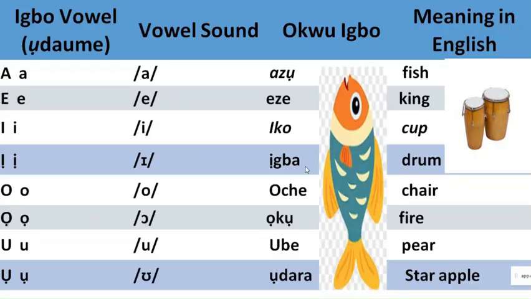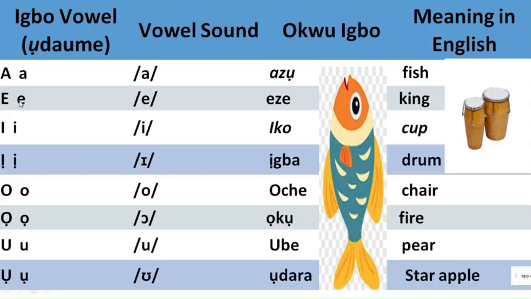But we are going to start with the Igbo vowel sound. They are called Uda Ume. They are 8 in number. Ha dị asatọ. A, E, I, I, O, O, U, U. Repeat after me.